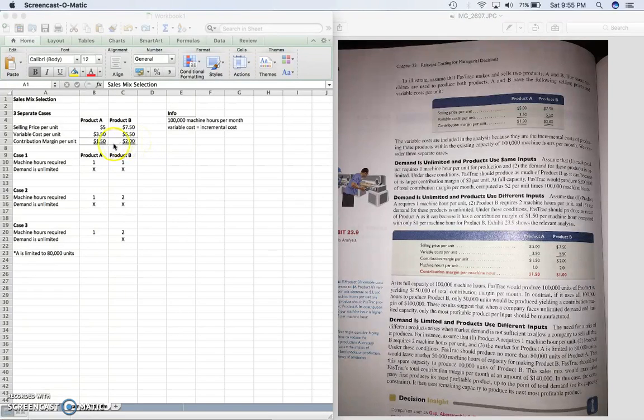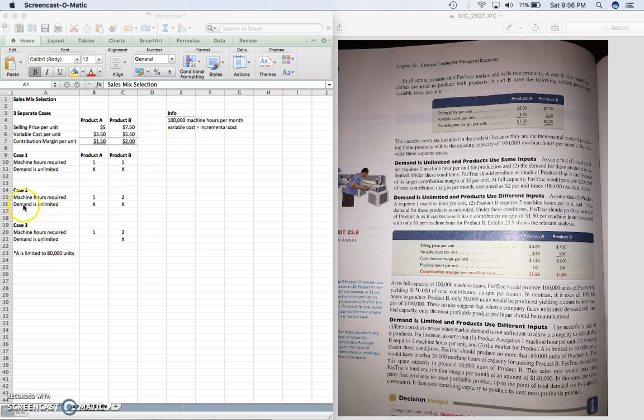If you multiply product A's contribution margin by the machine hours per month, you get $150,000. If you do the same for B, it is $200,000. So for case one, Fast Track would choose B. It would produce as many units of product B as possible, which would be $200,000.